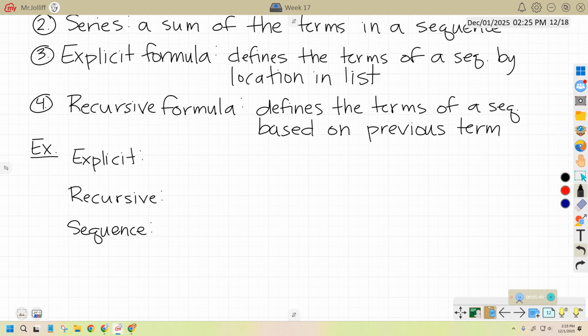So I'm going to give an explicit and a recursive that define the same sequence, the same list of numbers.